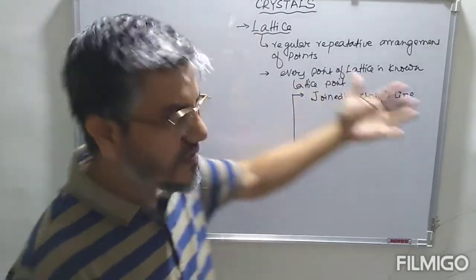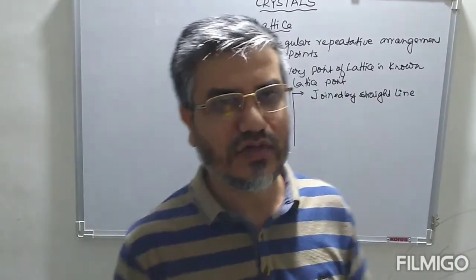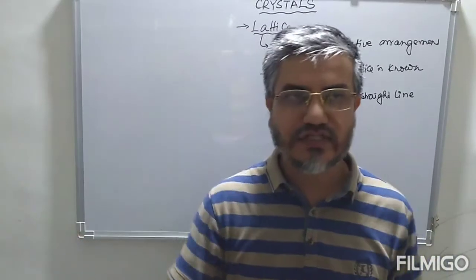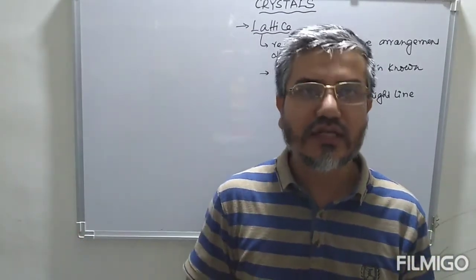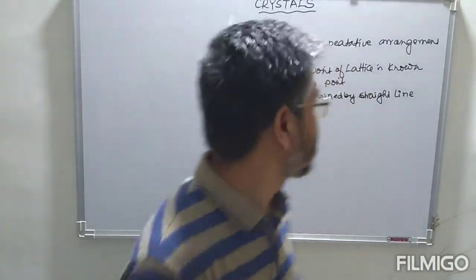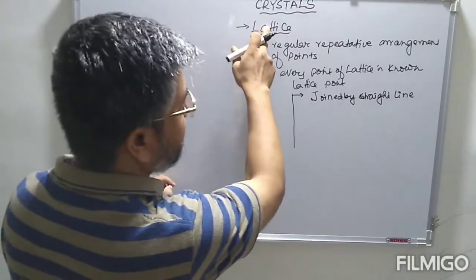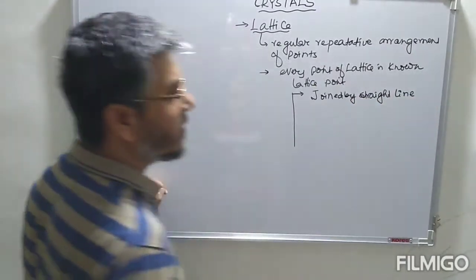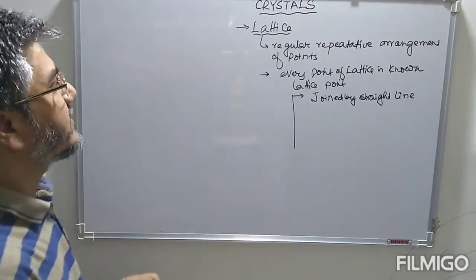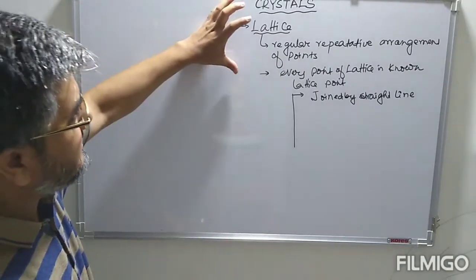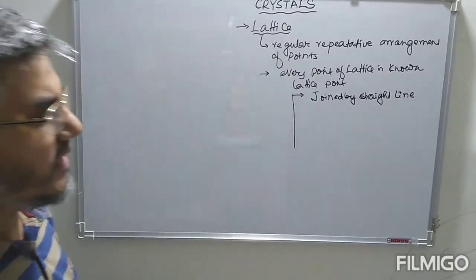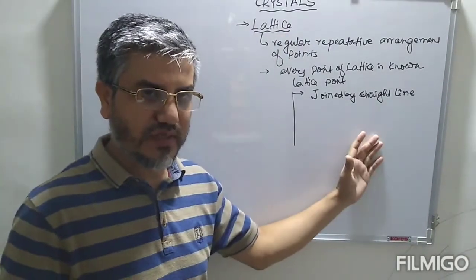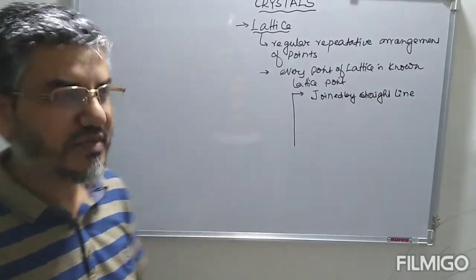Now these points, when extended throughout the crystal, give rise to the crystal. So we have this lattice, we have this lattice point, and all lattice points should be joined by a straight line. Now this lattice can be identified in two-dimensional form or three-dimensional form.